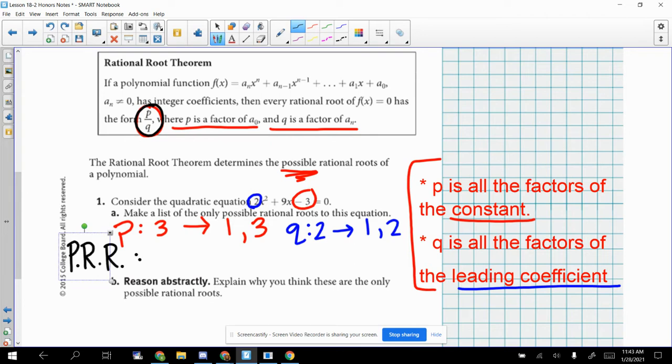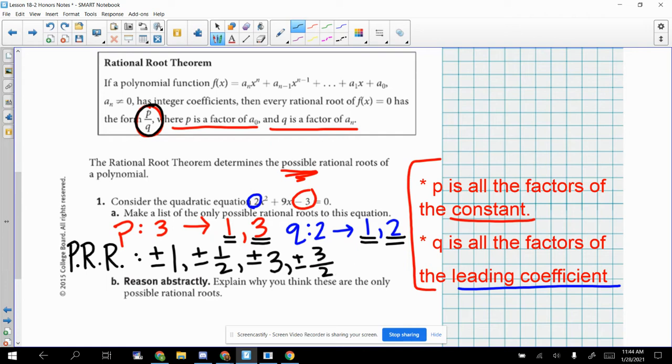And those are going to be plus or minus, and we need P over Q. So I'm going to do 1 over 1, which is just 1. Okay. Then I'm going to do plus or minus 1 over 2, which is going to be 1/2. Then I'm going to do plus or minus 3 over 1, which is just going to be 3 if you simplify. And then plus or minus 3 over 2.